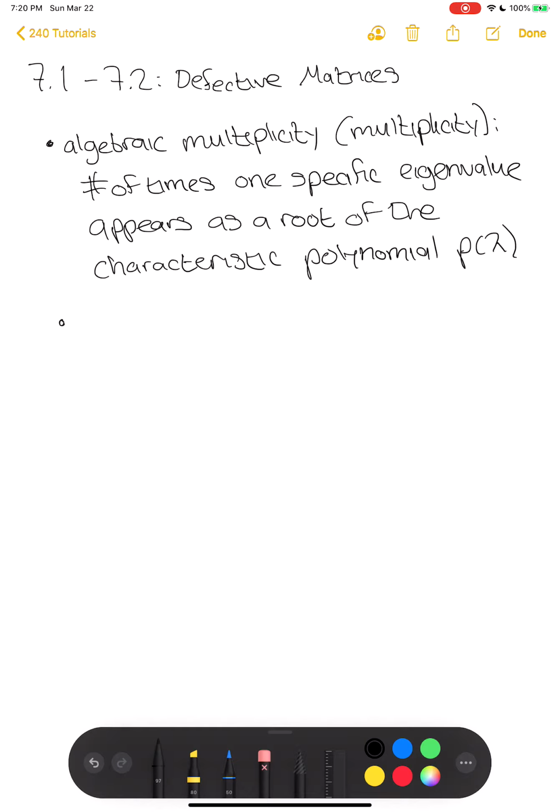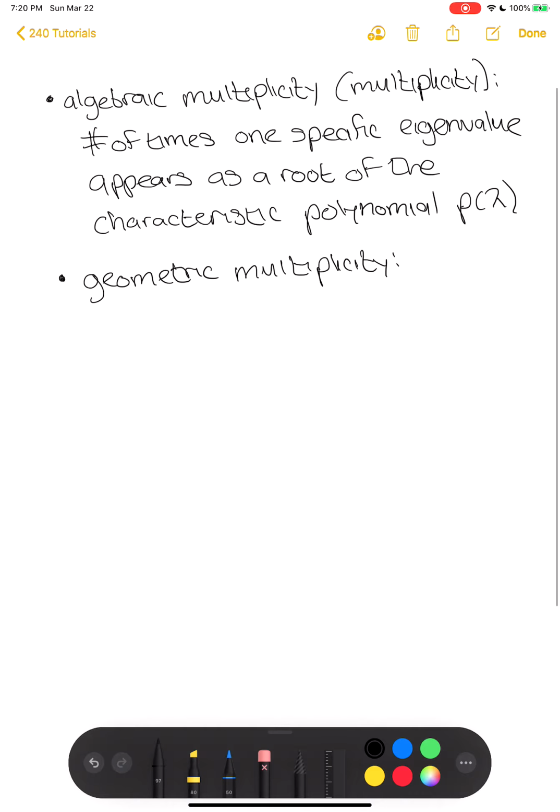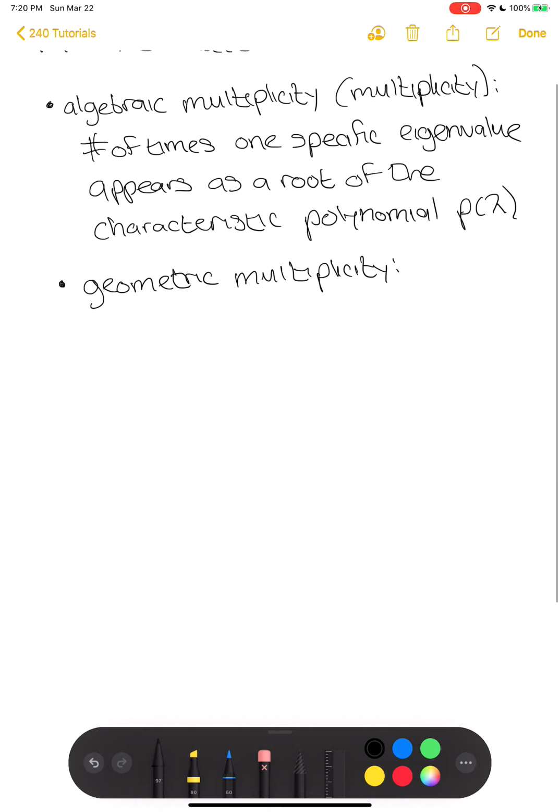And then the second one is called the geometric multiplicity. And so how we define the geometric multiplicity, we know that each eigenvalue lambda has at least one eigenvector that corresponds to it.